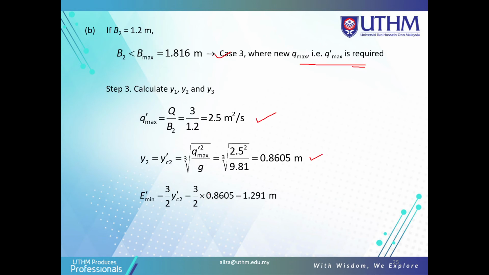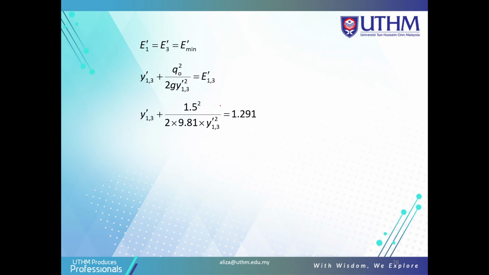And then E minimum, so you get this value, just put in the value. And lastly, you use E1 here, because this is step 3, so you must find the value here and put in all the values until you get 1.291, and you get the two values of Y1 and Y3. That is the step by step until step 3.